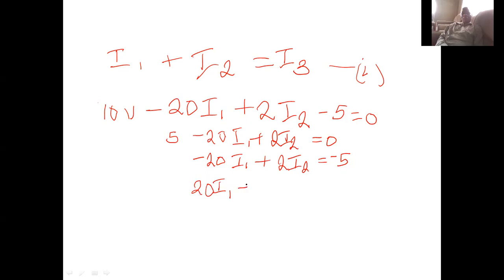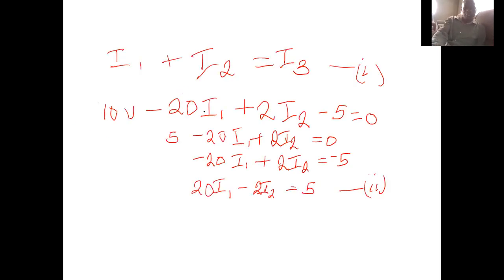And then this one becomes a negative, because positive 2i2 divided by negative 1 gives us negative, is equal to 5 when you divide this one also. So this one becomes our equation number 2. That is for that loop.